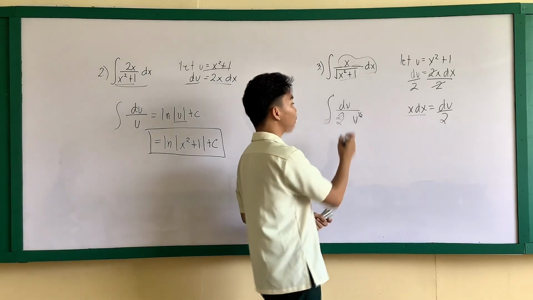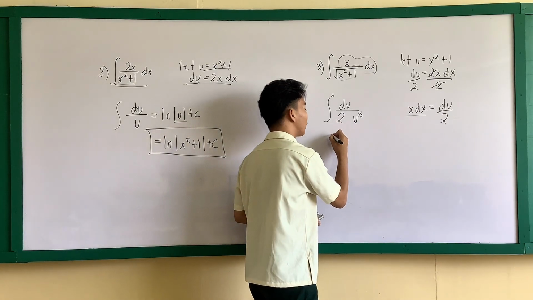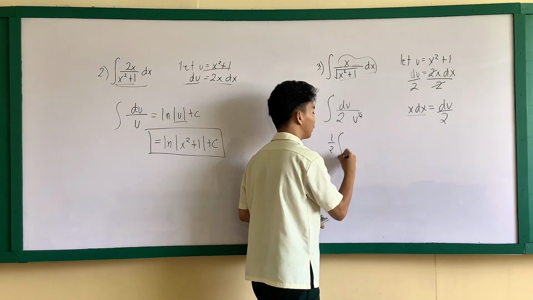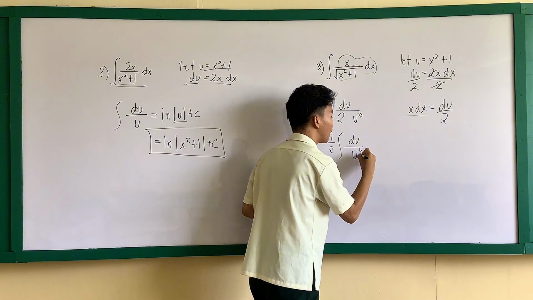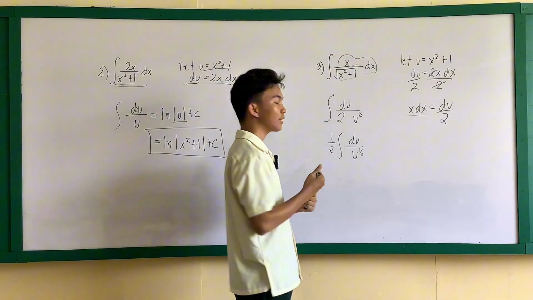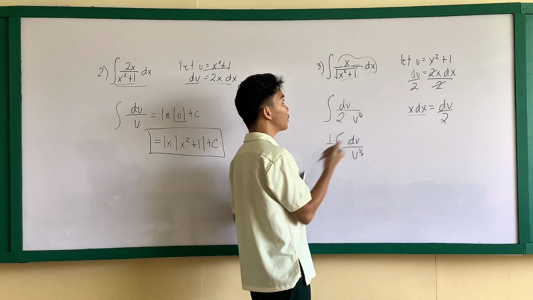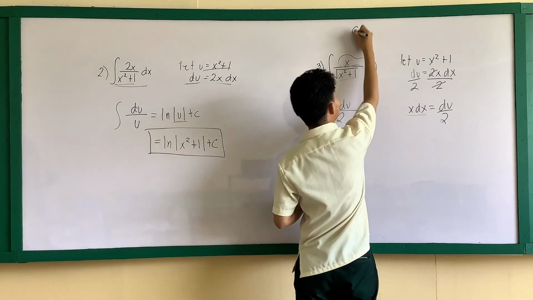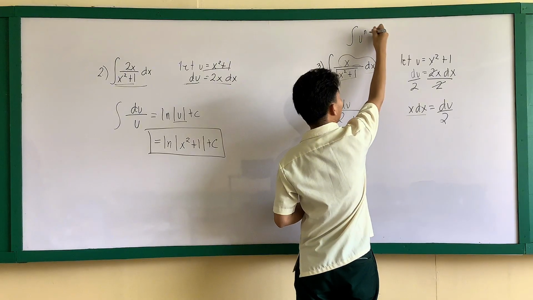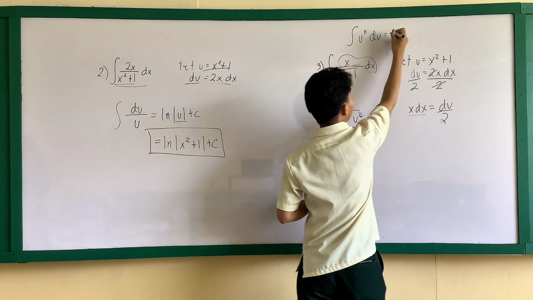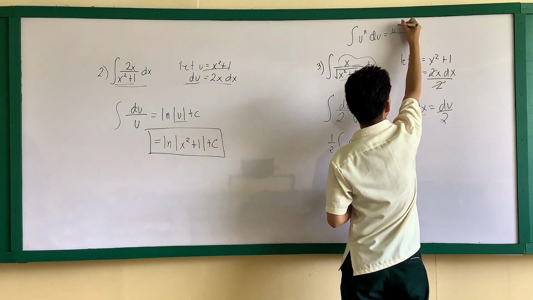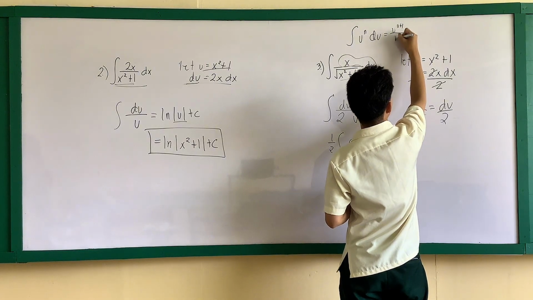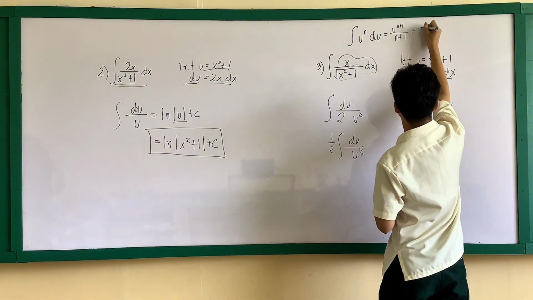But we can also put the constant in front of the integral. It looks like this: 1/2 du over u to the 1/2. Next, we'll use the power rule. The formula of the power rule is the integral of u to the n du is equal to u raised to the power of n plus 1 over n plus 1 plus c.